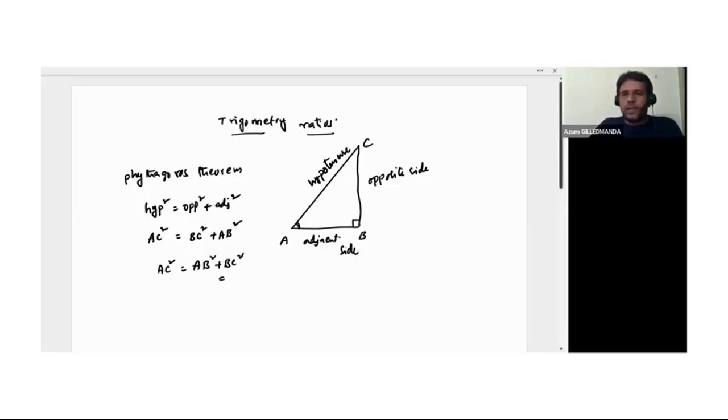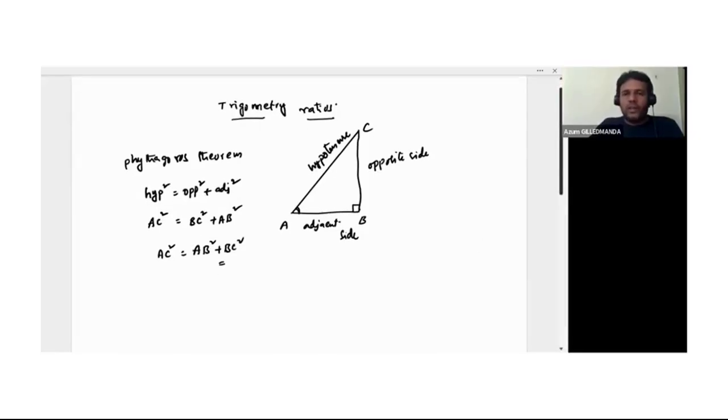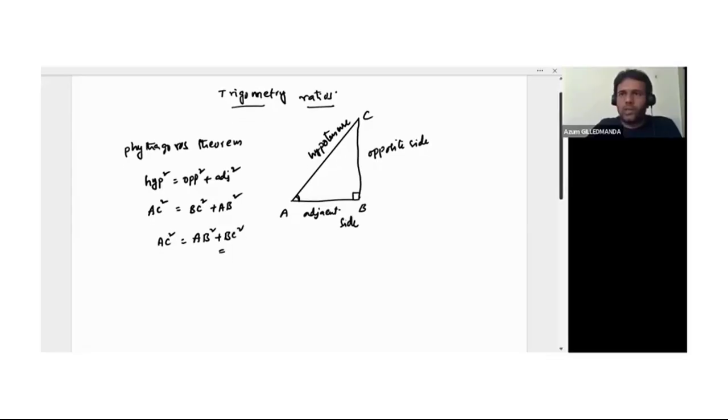In a right angle triangle, the square of the hypotenuse is equal to the sum of the squares of the other two sides. What are those other two sides? Opposite side and adjacent side. So in terms of the sides, AC square equals AB square plus BC square.